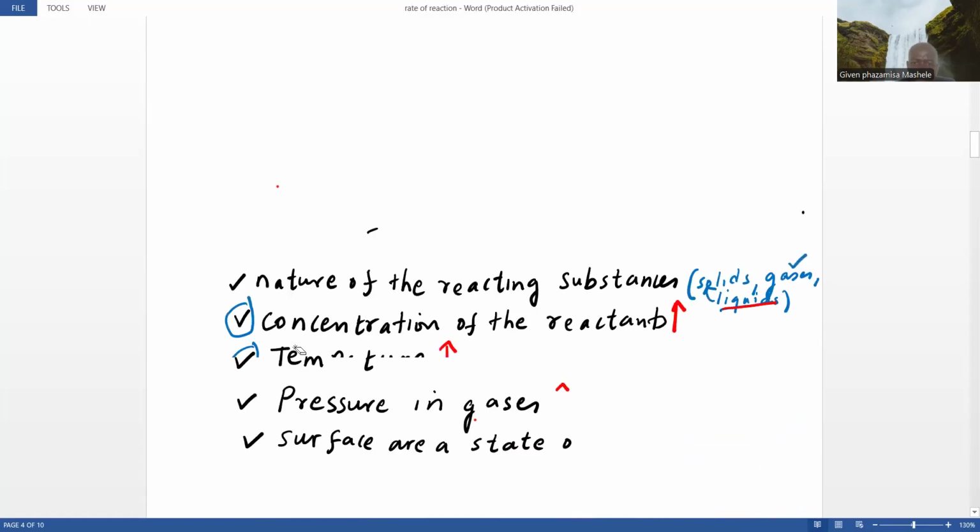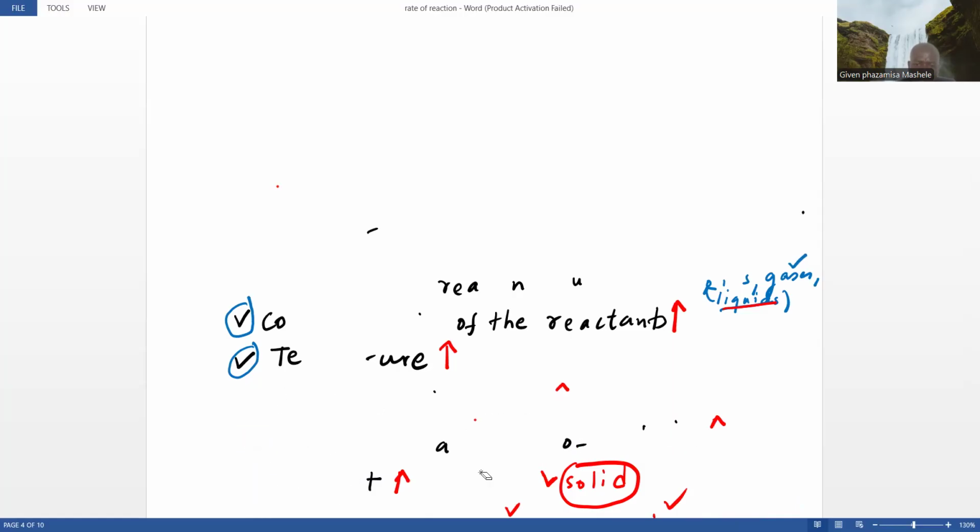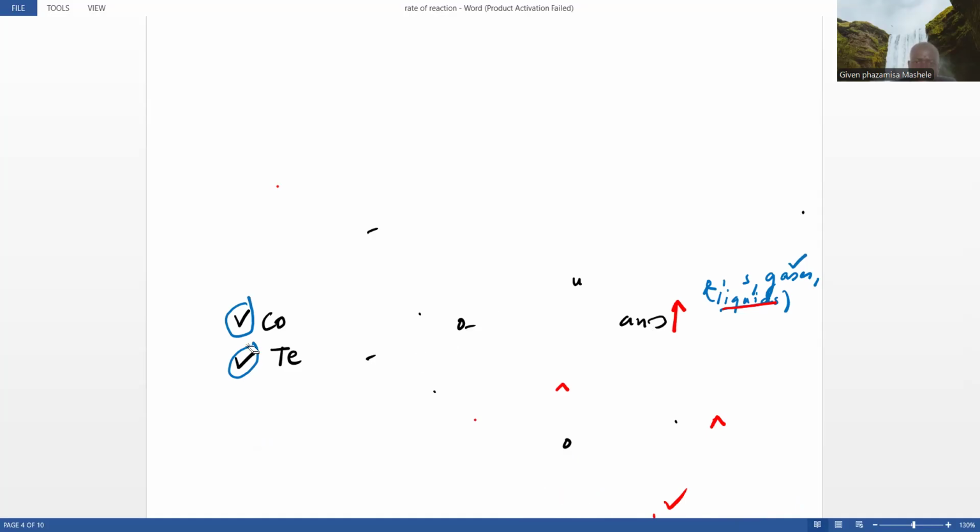So we spoke about the factors that are actually affecting the rate of reactions. Then let's continue. Okay, thirdly, we need to be able to interpret graphs. I think I have addressed that one, that you need to look at the gradient of the graphs.